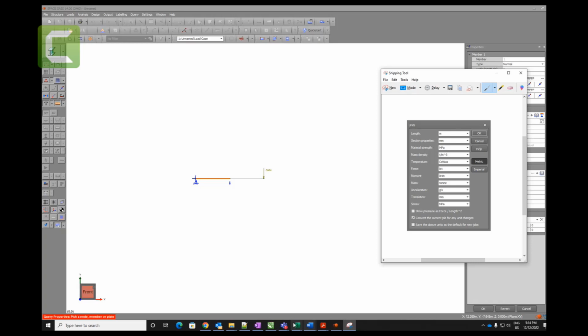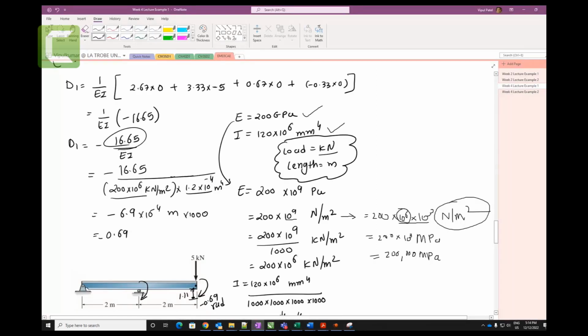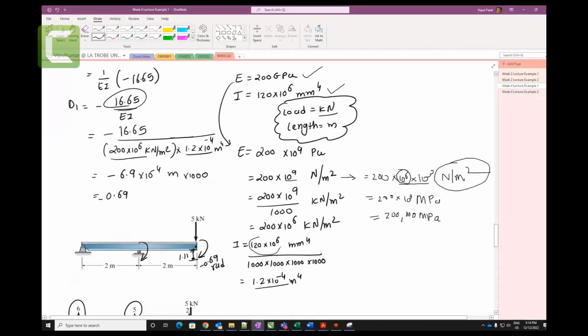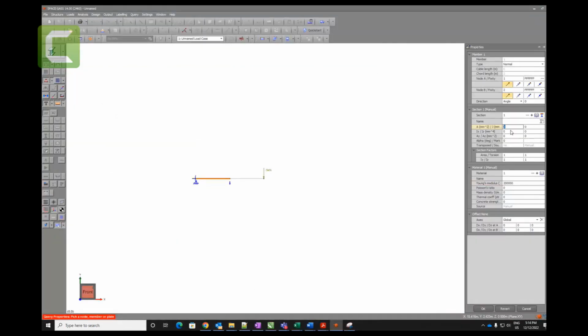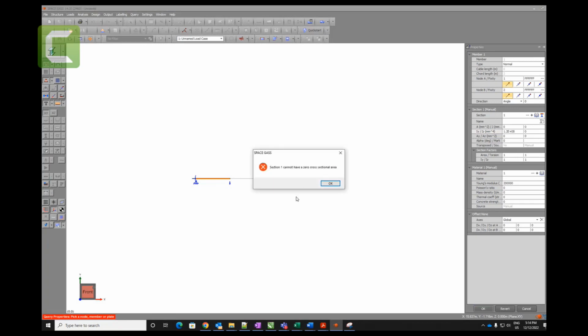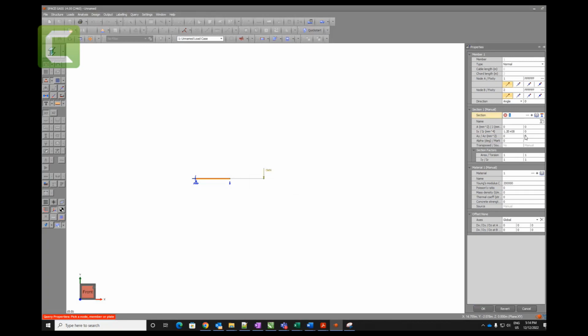So that's OK. We have the section property in millimeters. There you go, 120 times 10 to the power 6. So 120 and 1, 2, 3, 4, 5, 6. Right, hit OK. Section 1 cannot be 0 cross-sectional area.